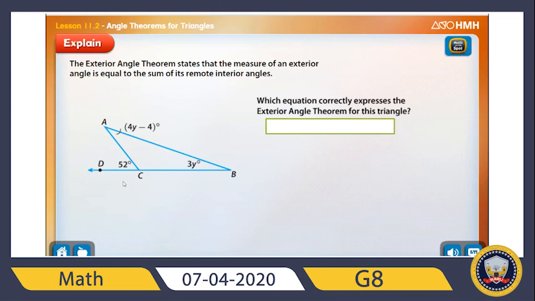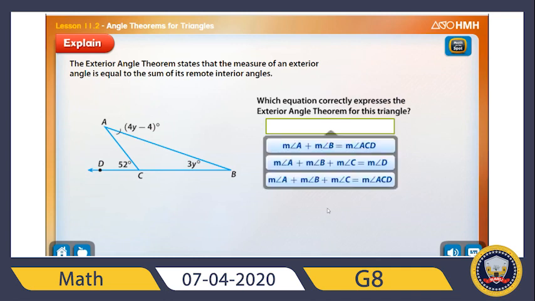Now let's solve together this example. I have this exterior angle that is 52 degrees. I know that A measures 4y minus 4 degrees and B measures 3y degrees. Now I want to find the expression that expresses the exterior angle theorem. By looking at these equations, which one describes it?